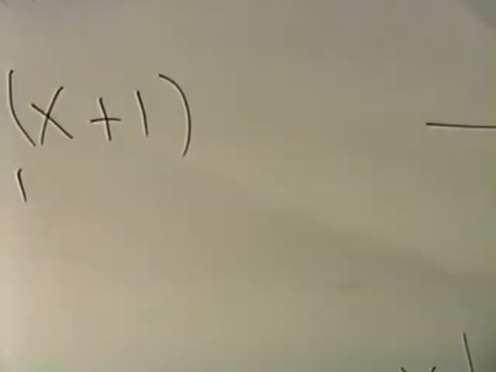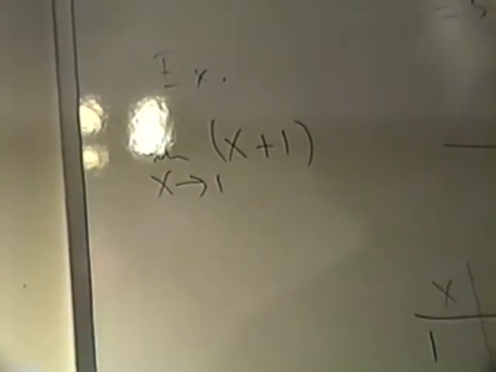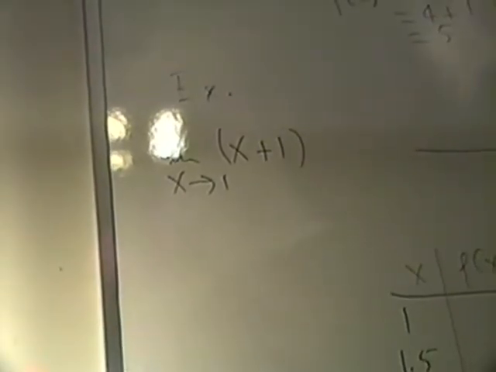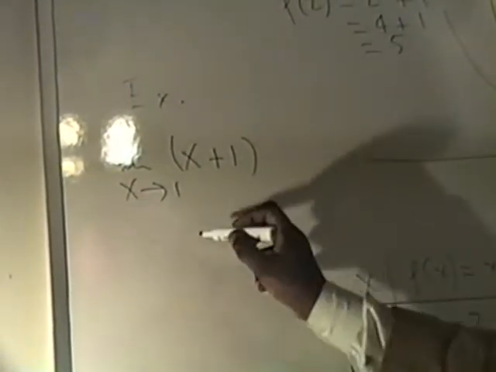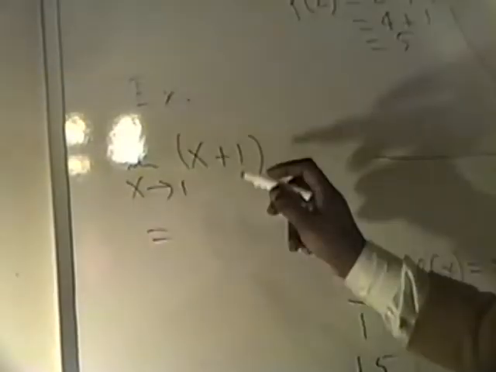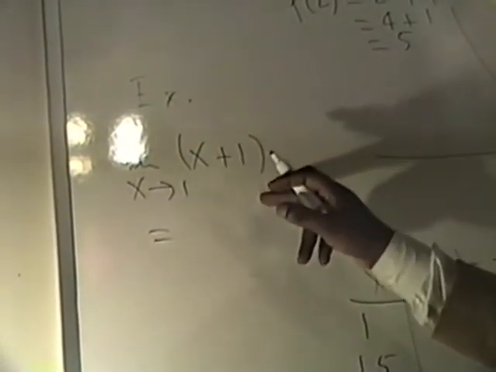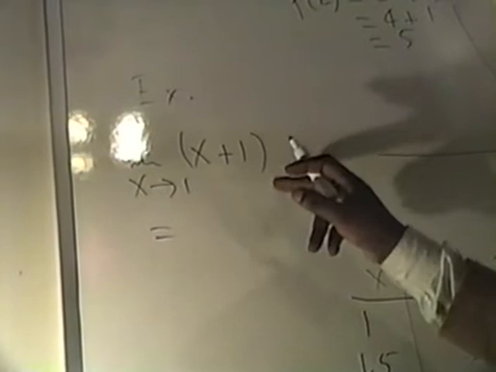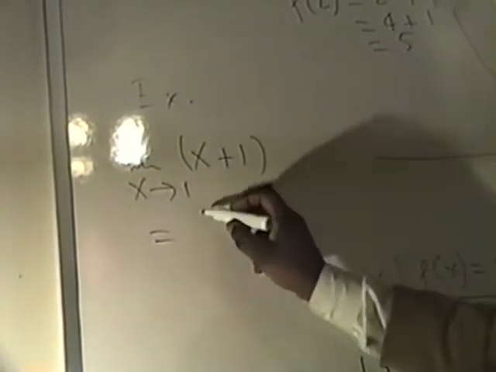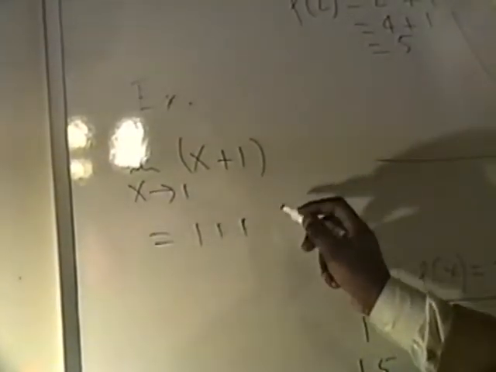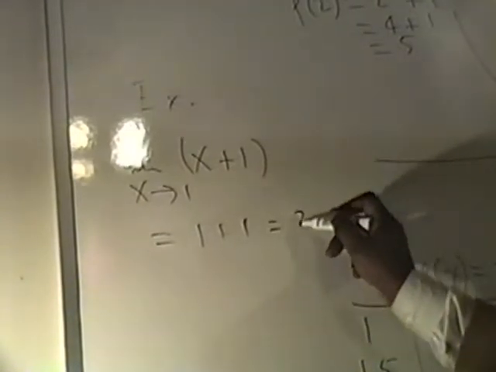So this limit, as x approaches 1 of f of x being x plus 1, will be equal to the limit as x approaches 1 of x plus the limit as x approaches 1 of 1, which is equal to 1 plus 1, which is equal to 2.